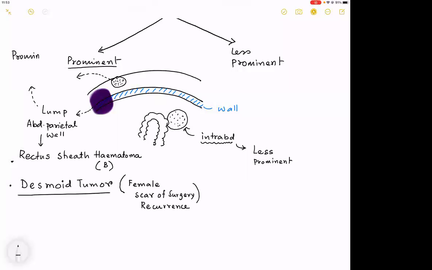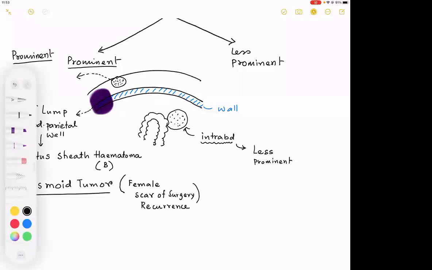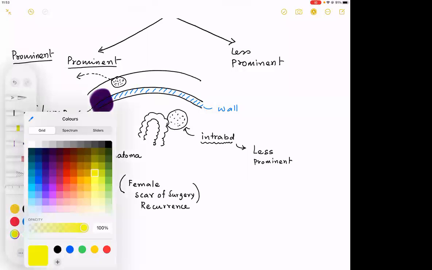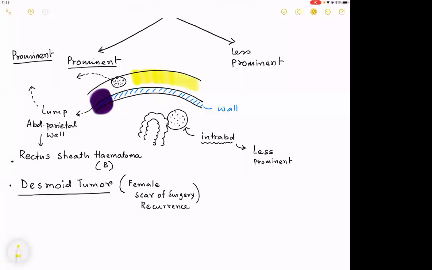It is prominent, but what is important is if it is in the subcutaneous tissue, the lump is mobile and prominent. If it is in the parietal wall, it is prominent, not mobile. This is an important first difficult question that you are required to know.